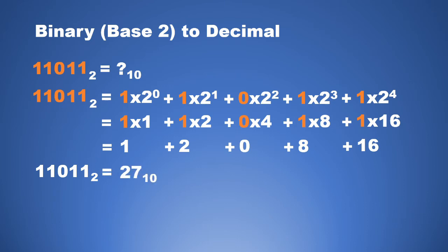We will get 27. This is now in base 10, or this is now our decimal number value. So we can write it without the subscript, so it is understood that it is a decimal number.